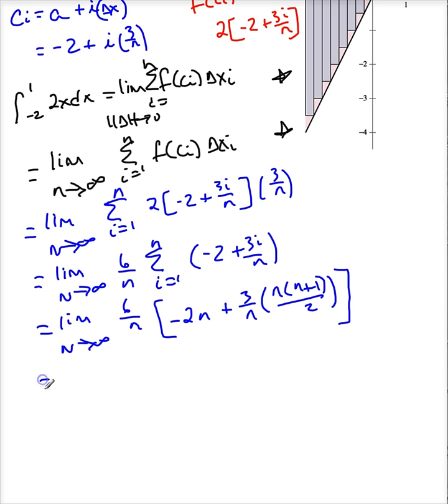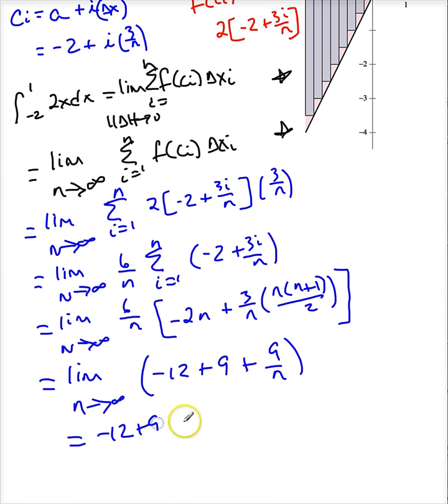If I multiply this all out before I take my limit, this is the limit as n approaches infinity of, some stuff cancels here, negative 12 plus 9 plus 9 over n. So the limit becomes negative 12 plus 9, or negative 3.